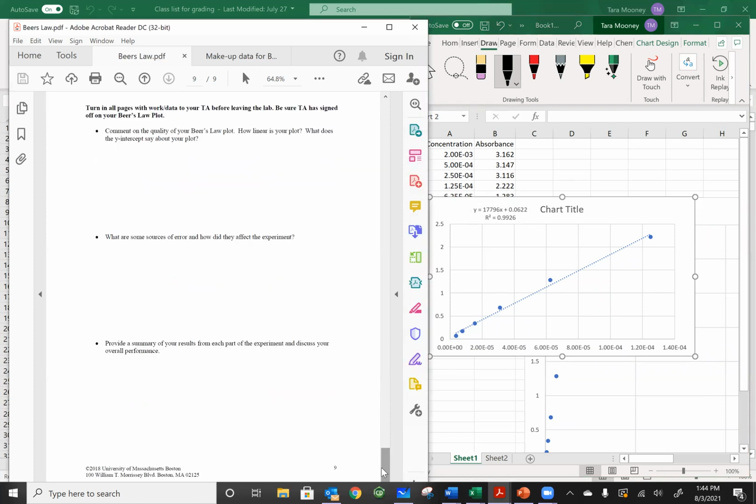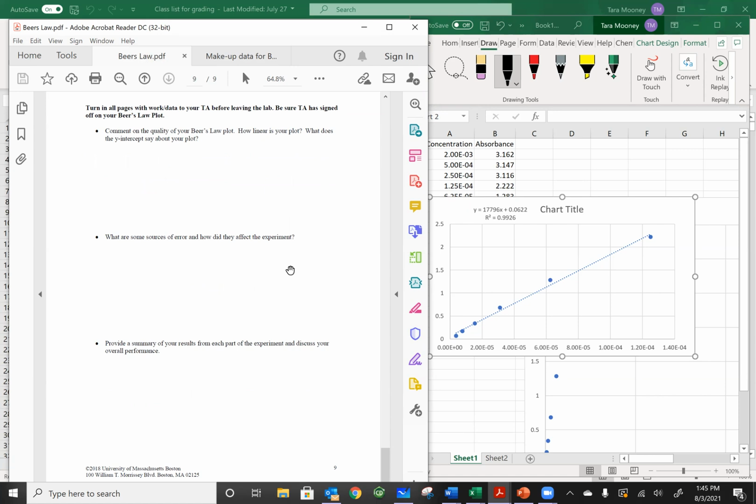Amy does discuss some of the sources of error in the experiment. Now remember, when you're talking about error, calculation is not an error. If you make an error while calculating, you can always recalculate. So you need to think about the things that are behind the calculation.